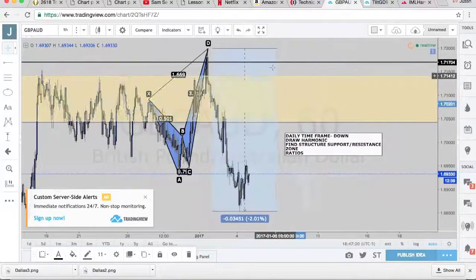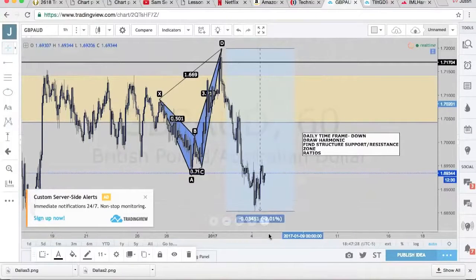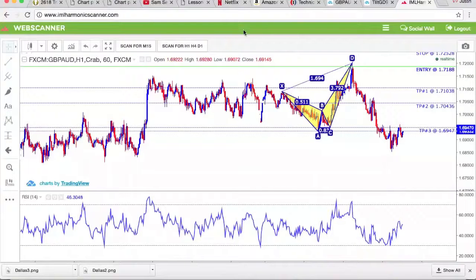So 350 pip move. So with that, guys, I hope this video can help you really learn how to utilize the scanner more and really find those points of entry in the right trades. Because it's very important to understand structure.